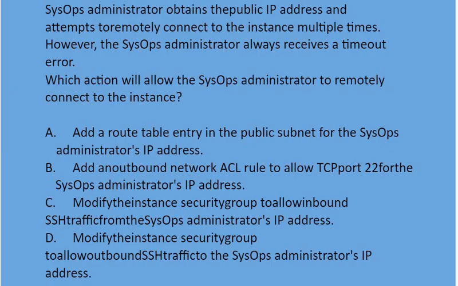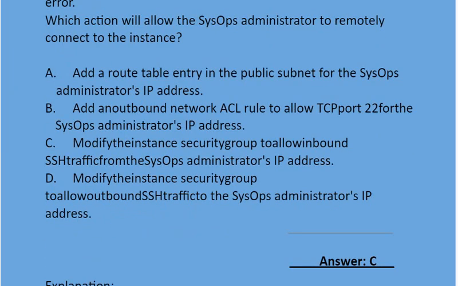Option C, modify the instance security group to allow inbound SSH traffic from the SysOps administrator's IP address. Option D, modify the instance security group to allow outbound SSH traffic to the SysOps administrator's IP address. Correct answer is option C.